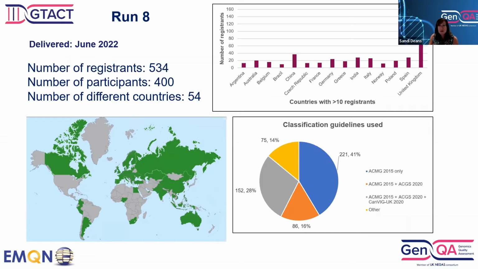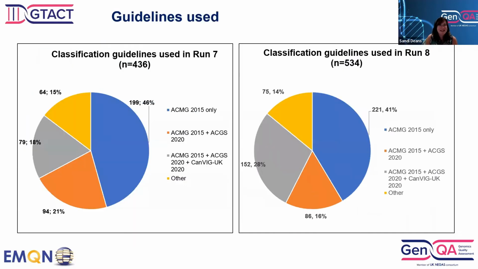However, we do see that predominantly the UK-based participants are also using a combination of these guidelines plus the ACGS guidance, which is a UK-based guidance document. We're also seeing a proportion of individuals moving on to include the CanVIG-UK guidance. And then we always have a smattering of those who are using other guidance documents or a combination of multiple different resources. So next slide, please.